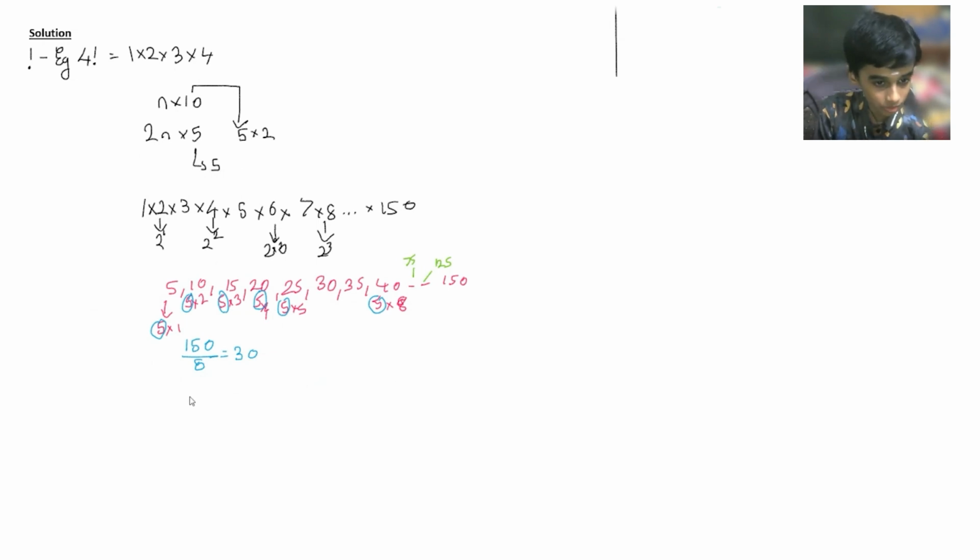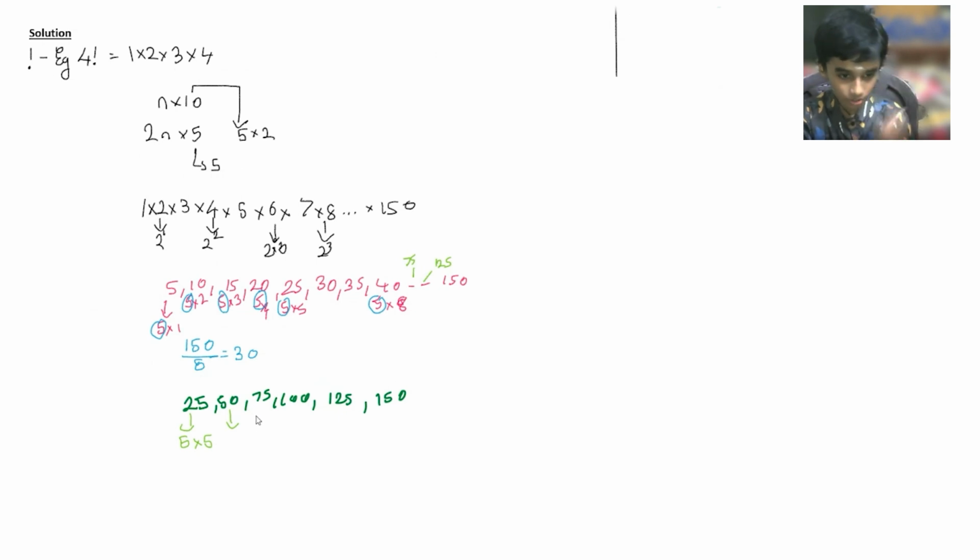Let me list the first few multiples of 25 now. 25, 50, 75, 100, 125, and 150. So, 25 is 5 times 5. 50 is 25 times 2. Same way for all the numbers.